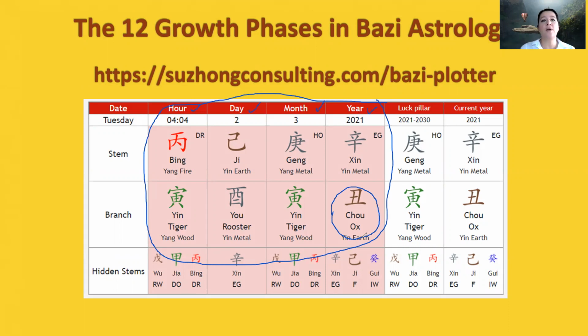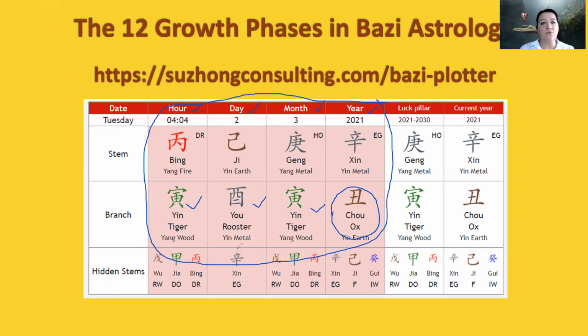But if you're a little more experienced in Bazi astrology, in Chinese astrology, you know that the month, the day, and the hour you're born in are also associated with an animal sign. So you can have up to 4 different animal signs in your natal chart. Some of us have 3, some 2, some only 1. If everything here is, for example, the ox, then you have just 1 animal sign, but you can have up to 4 different animal signs in your natal chart.